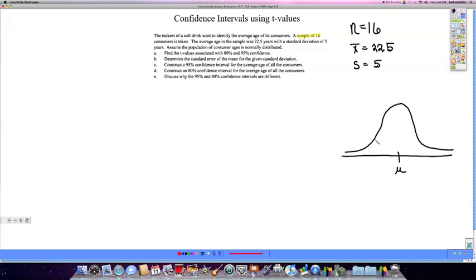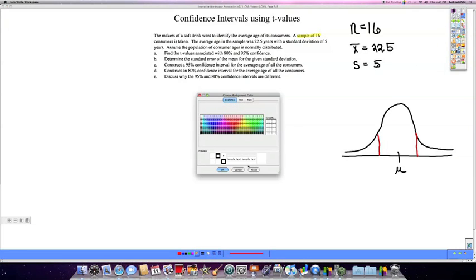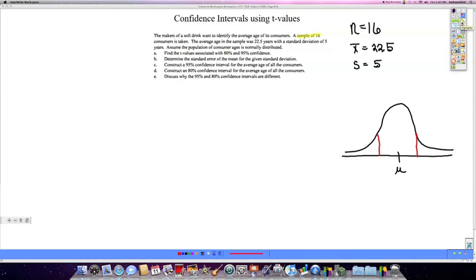We are still centering our area on the mean, considering that this 80% area is centered on the population mean.